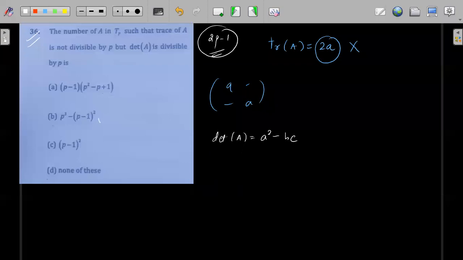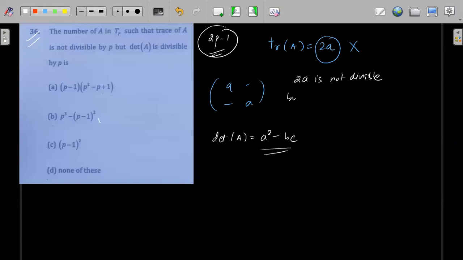Okay. So determinant of A they have given as A square minus BC. Now what we know is that trace of A, if 2A is not divisible by P. Sir, where is it mentioned in the question that trace of A is equal to 2A, or where are we taking that information from?